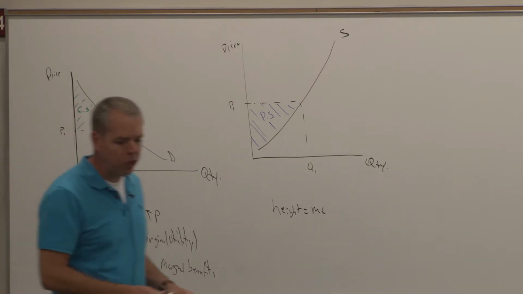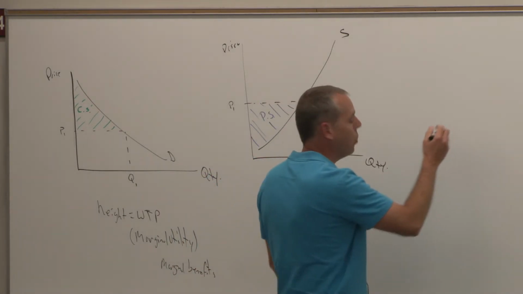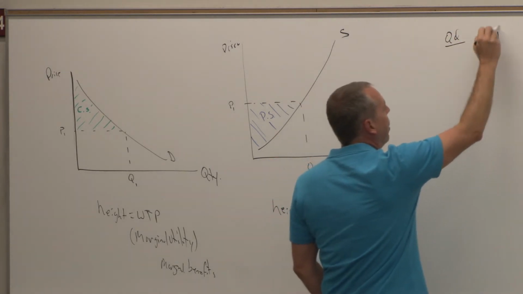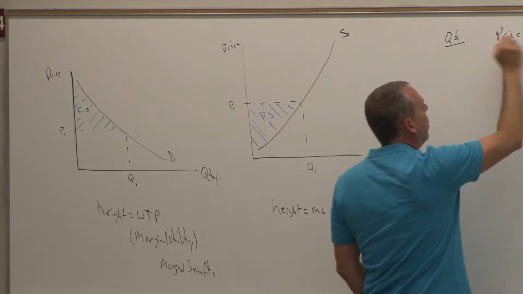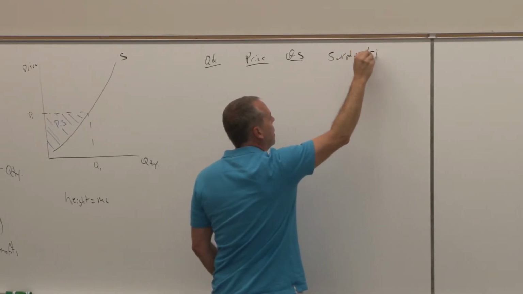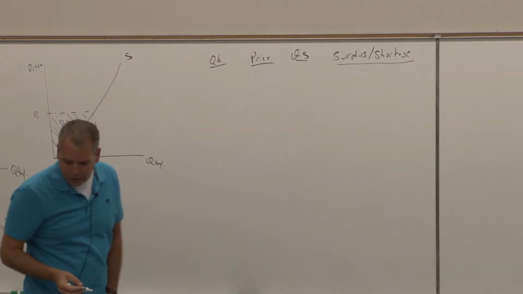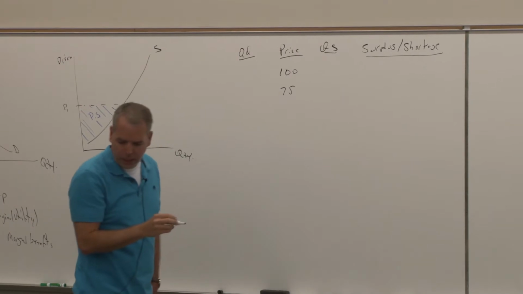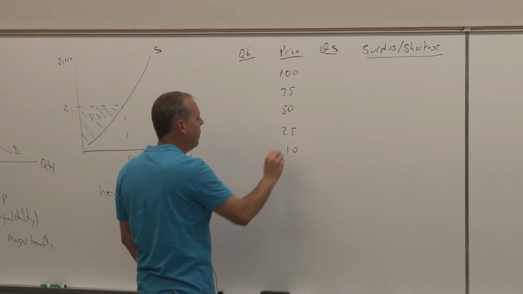Let's say we're looking at a demand schedule for jeans. We've got quantity demanded, our price, and our quantity supplied, and we're going to have some surplus shortage thing. We've got these different prices: 100, 75, 50, 25, and 10.